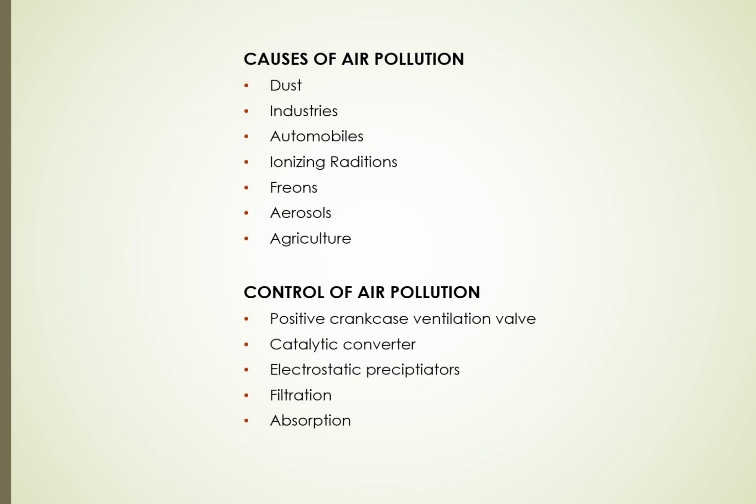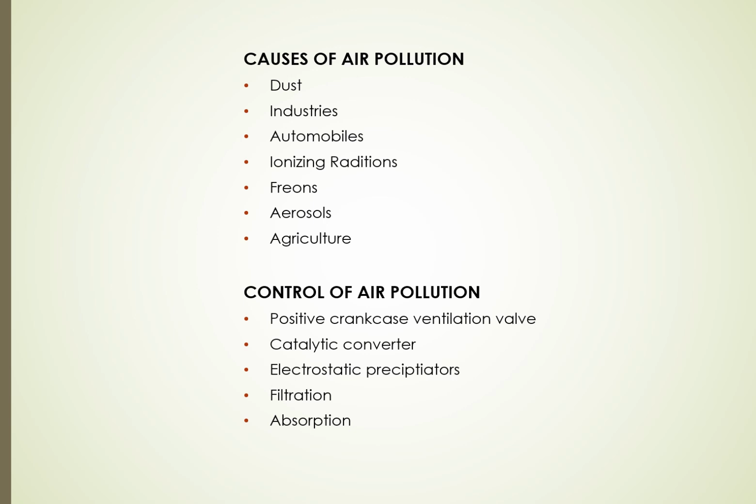Ionizing radiations. Ionizing radiations include alpha particles, beta particles, and gamma rays. They are released into air from testing atomic weapons and atomic explosions. Freons. Use of freons and other chlorofluorocarbons as refrigerants, coolants, and as filling agents in aerosol packages causes pollution.